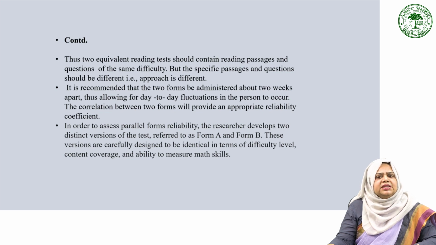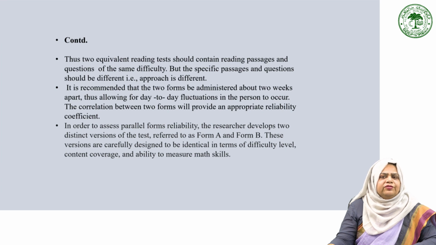To better understand this concept in educational testing, let us consider a scenario involving a researcher developing a standardized math test for high school students. In order to ensure parallel forms reliability, the researcher must create two versions of the test, Form A and Form B. These versions are meticulously designed to have the same level of difficulty, cover the same content, and accurately measure math abilities.